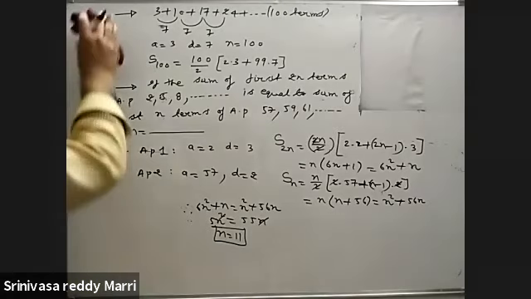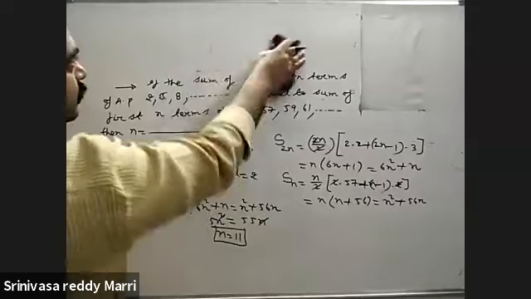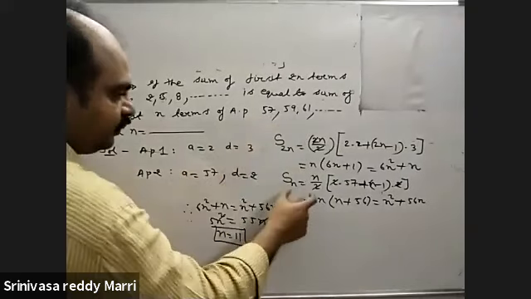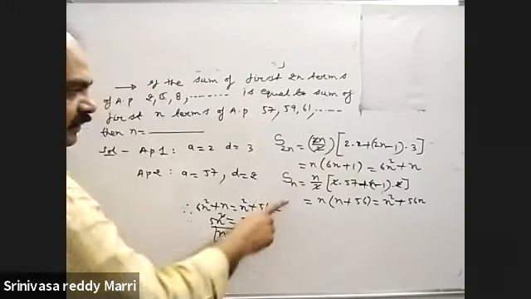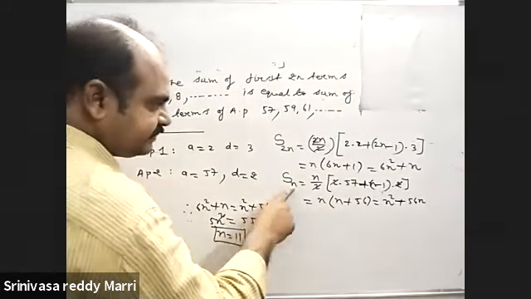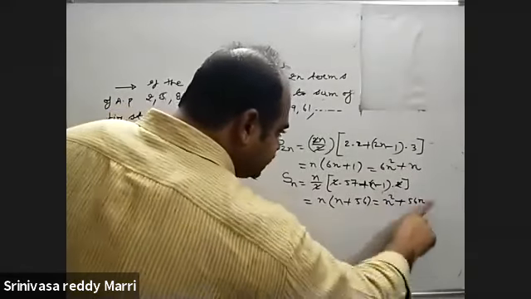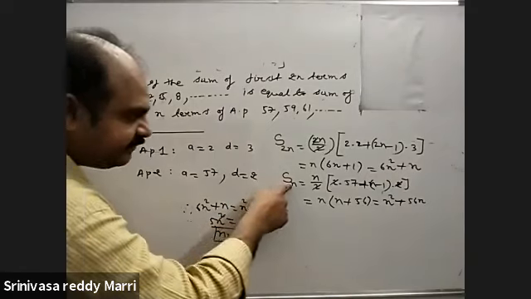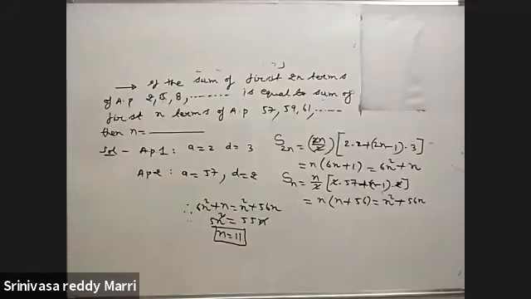Look at the next concept. For this AP, look at the sum of n terms. The sum of first n terms is always n square plus 56n. This is of second degree. That means the sum of first n terms will always be a second degree expression in n.